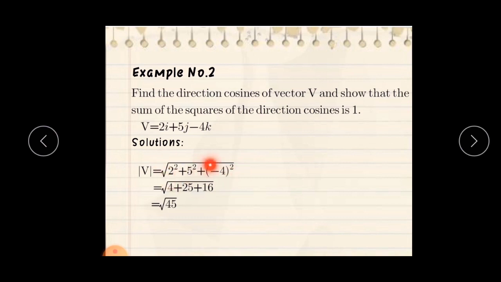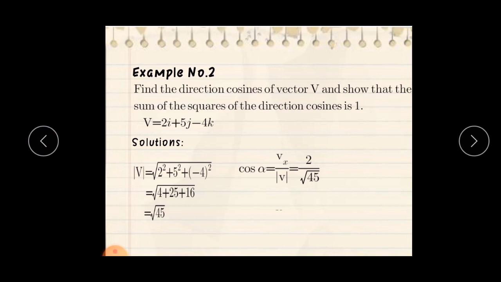By simplifying, 2 squared is 4 plus 5 squared is 25 plus negative 4 squared is 16. So the square root of 4 plus 25 plus 16 is the square root of 45. So this is the magnitude of V.